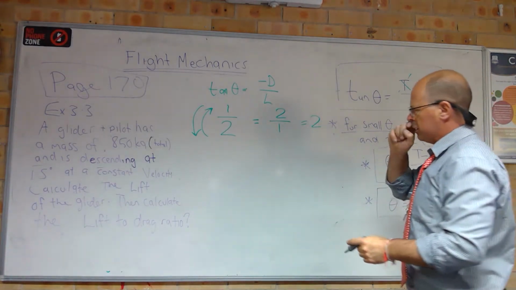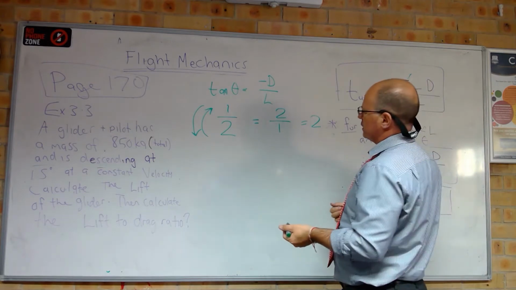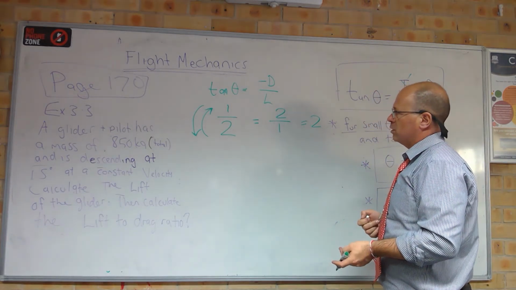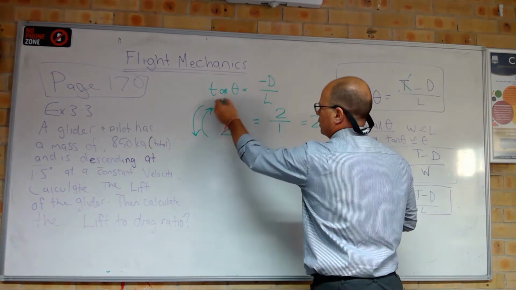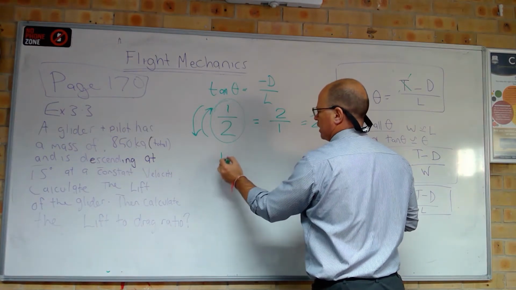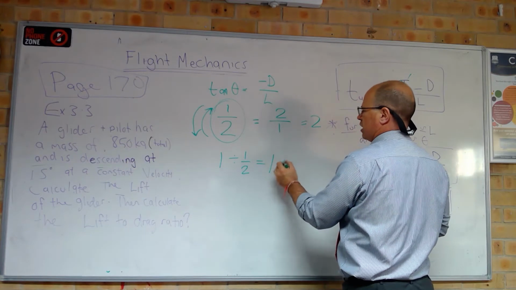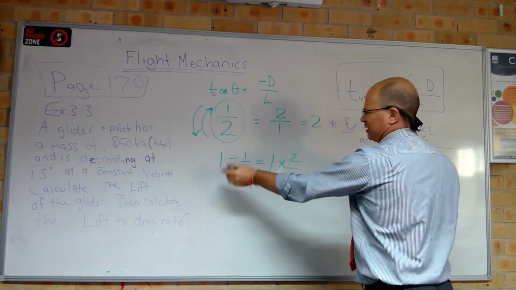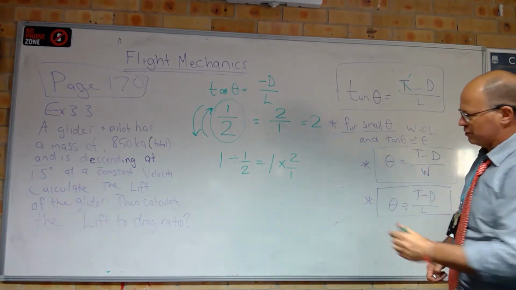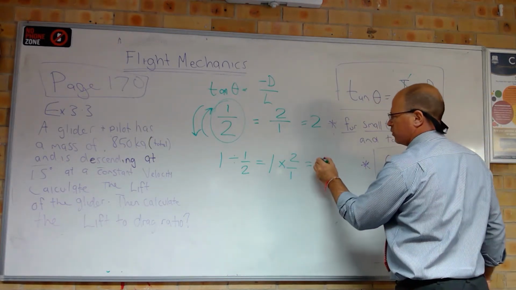So that's the same as saying 1 divided by. If I wanted to find the reciprocal of a half, I could say 1 divided by a half, which is the same as saying 1 times 2 over 1, because that's how you do your fractions. I hope you know to do that. And so we end up with 2.